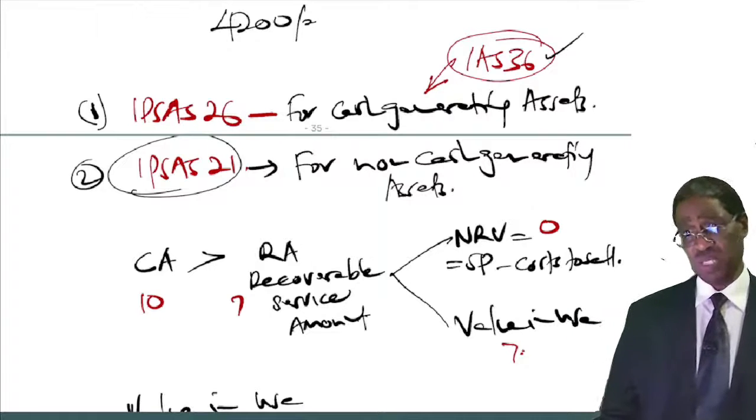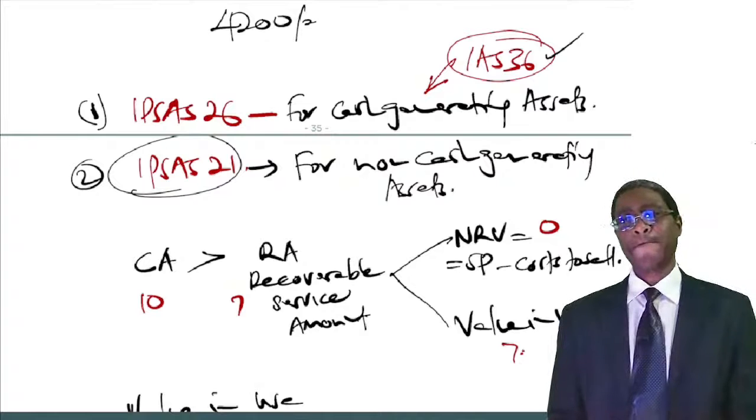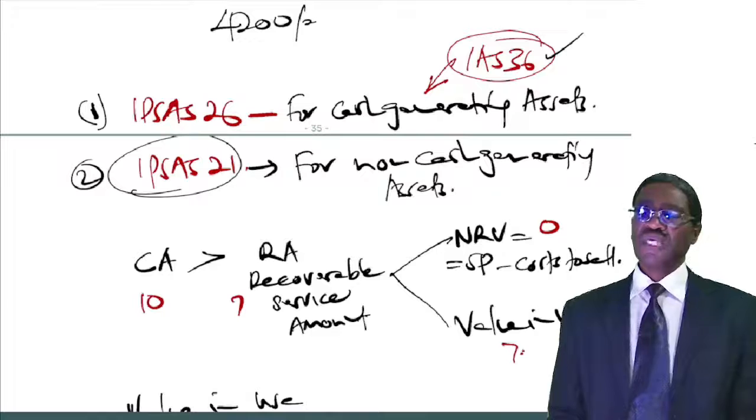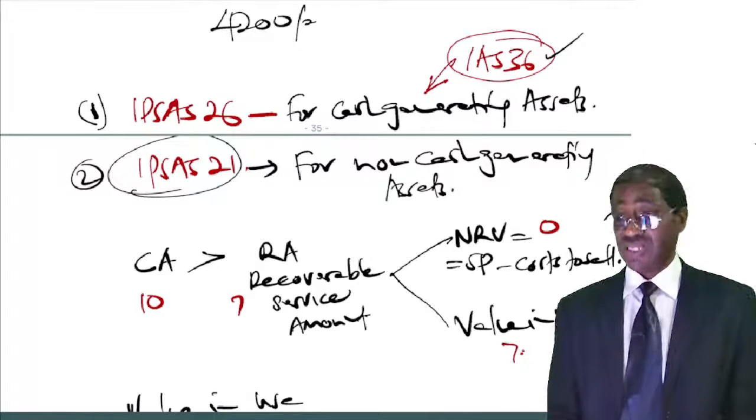Number two, IPSAS number 21. Then you put a dash for non-cash generating assets.